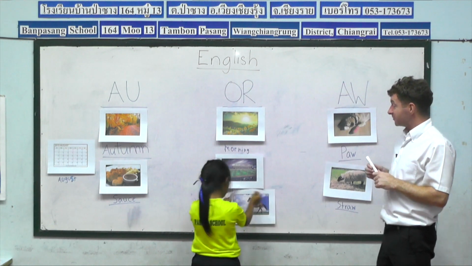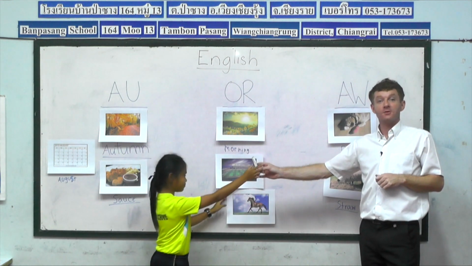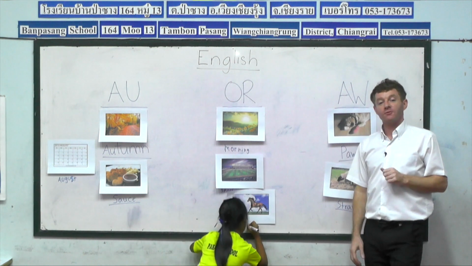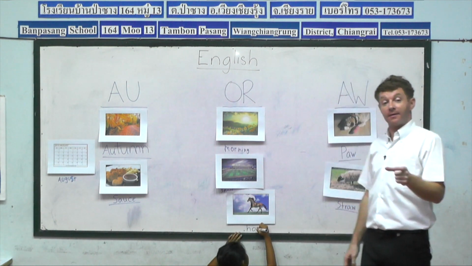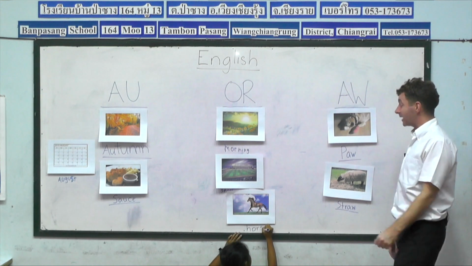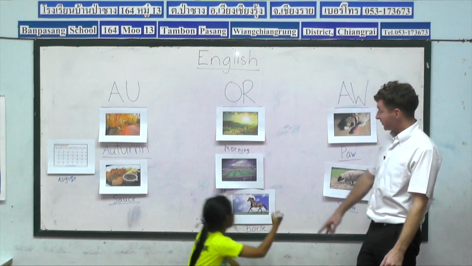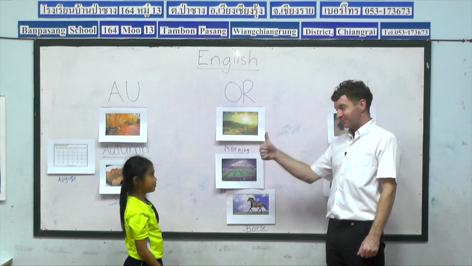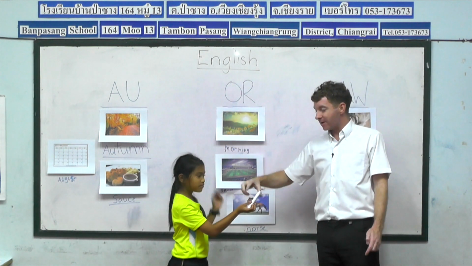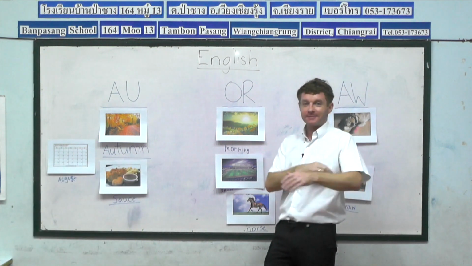And then we'll ask Pak Bung to spell horse. H-O-R-S-E. Excellent, Pak Bung. So all together, horse. O-R. Very well done. High five and a big round of applause for Pak Bung, guys.